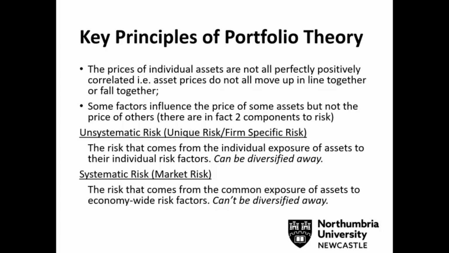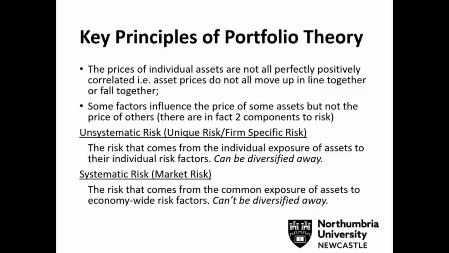When it comes to diversification, there is two types of risk we need to consider. And we have what's known as unsystematic risk, which is a technical term for individual risk. If you don't diversify and you buy like one share, your portfolio of that one share is heavily exposed to that one company. If that one company goes down, you're going to lose. If that company goes up, you're going to gain.